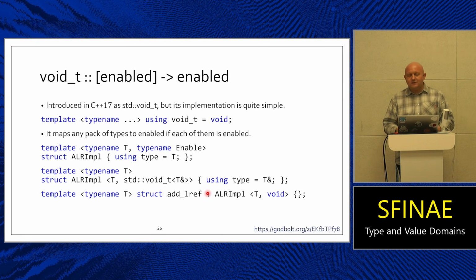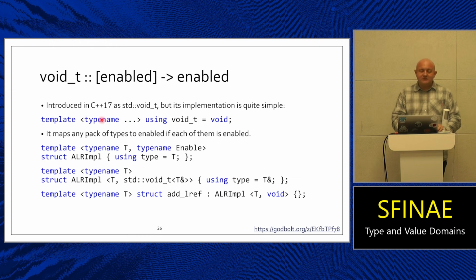And the third thing we can build in this new SFINAE space is the simplest possible mapping, the one represented by void_t. void_t was introduced in C++17 and is nothing more than: take any pack of types and map them all to void, but only if every one of them is valid.